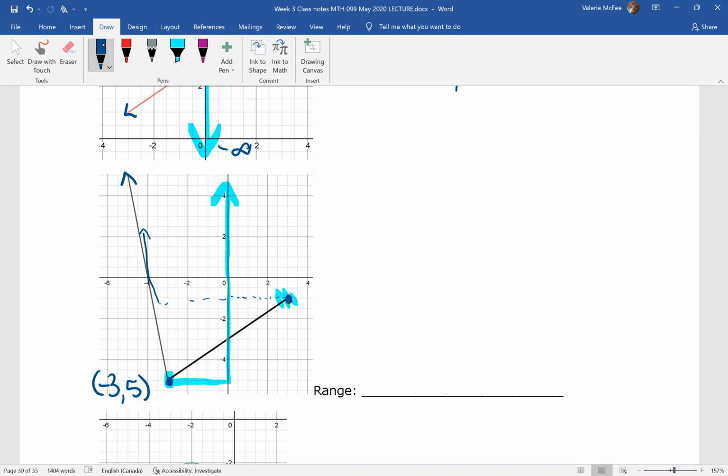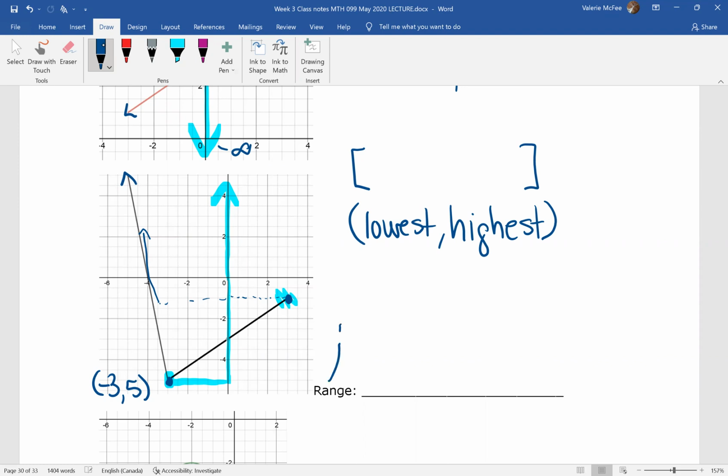So the range, just like the domain, is always the lowest value to the highest value. It might have open brackets, it might have closed brackets, but we always start with the lowest value. Remember, for the range, we're talking about y values. What's the lowest y value on this graph?